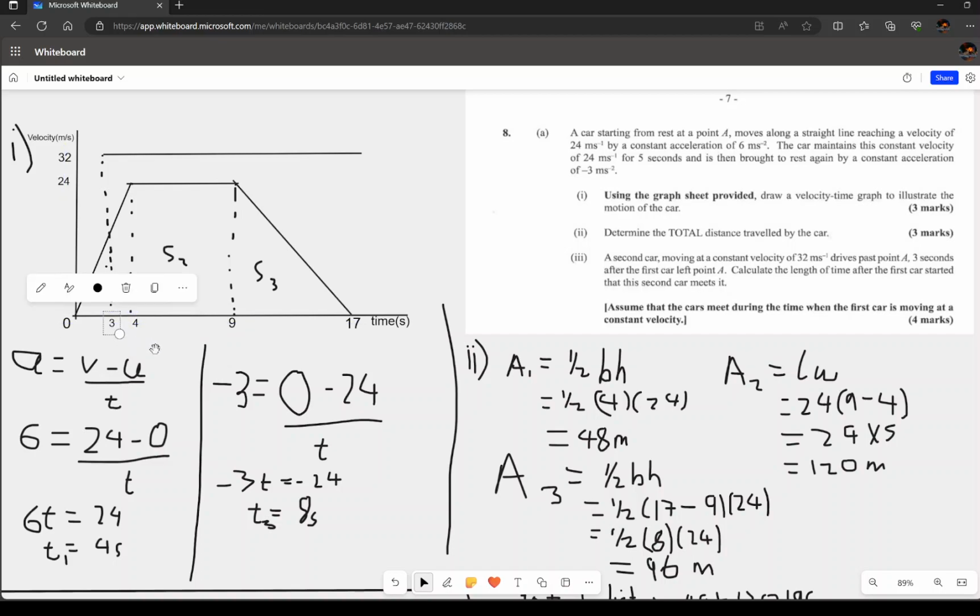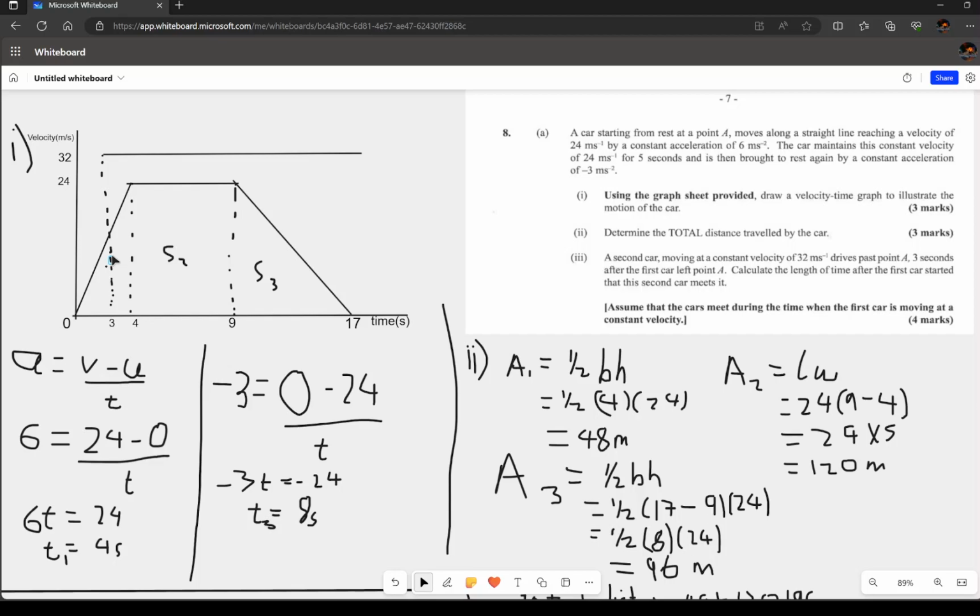Okay, so that 3 is when we start recording time, or rather when the second car drives past point A. So it drives past point A at time equals 3 seconds. So that's going to be important for when we're developing our method to solve this.